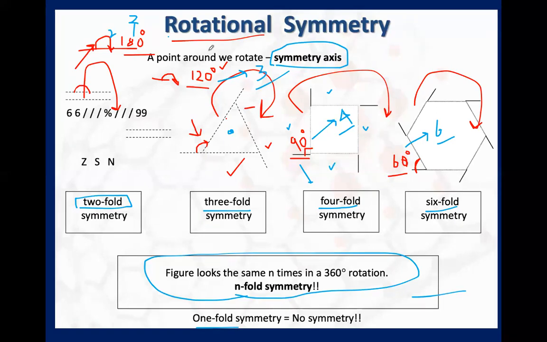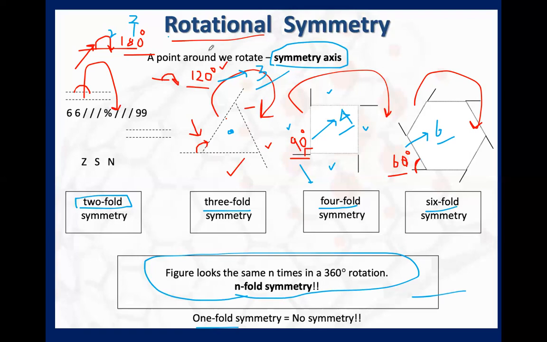If it is 2, you divide 360 by 2, that means 180, so every 180 degrees you see the same thing. Likewise you can find two-fold, three-fold, four-fold symmetries. You just rotate the crystal in your hand, see at which angle you see the same configuration, and check the number of times. Then you can define the n-fold symmetry.